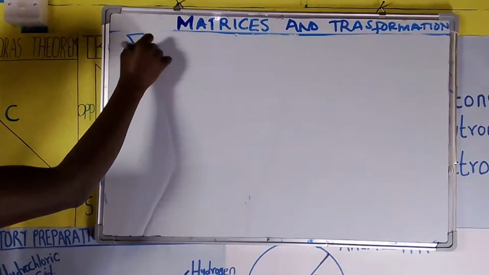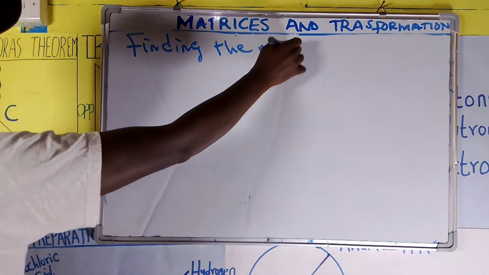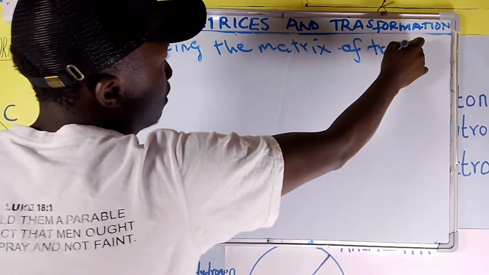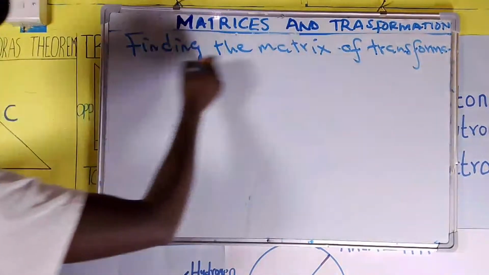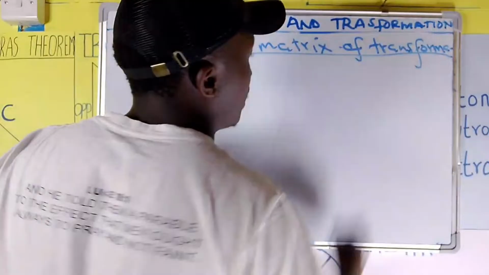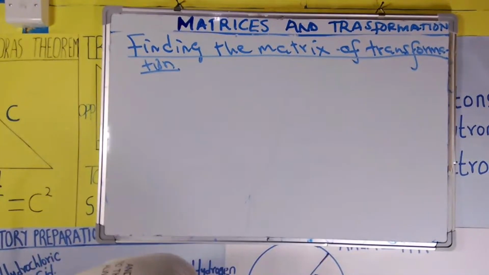So the second one is finding the matrix of transformation.